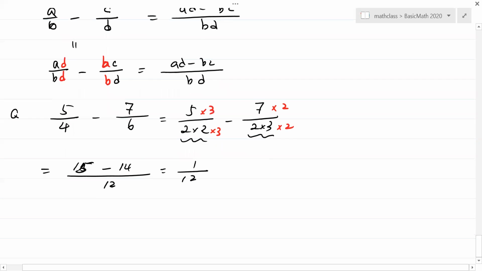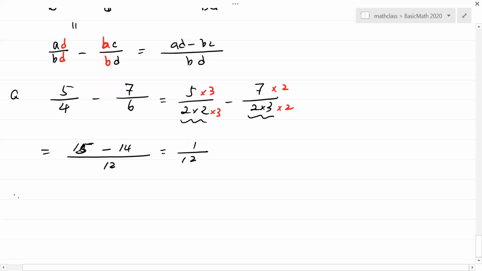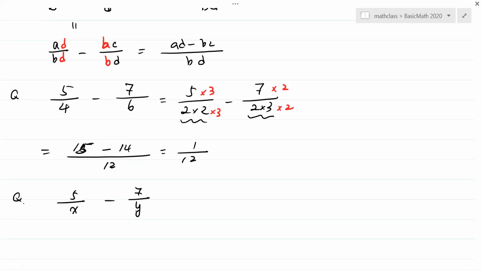So if you know how to do this, then you do the same thing. You have 5 over x and here's 7 over y. So x and y do not have a common denominator; maybe I can put a z here, so xz and yz. How do you make them have a common denominator?